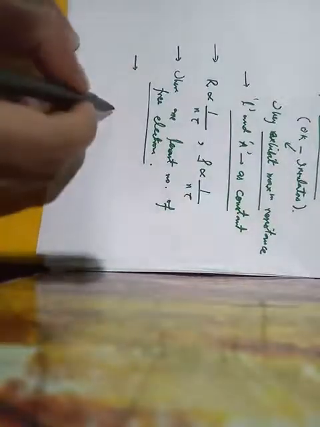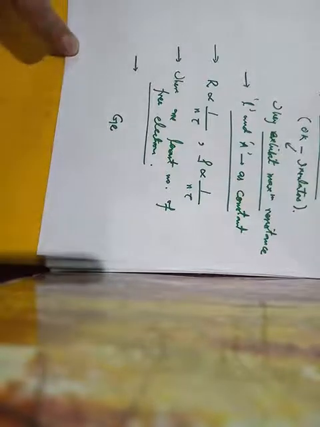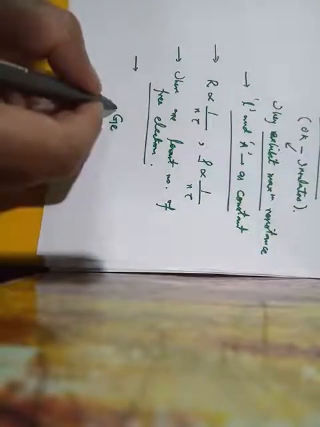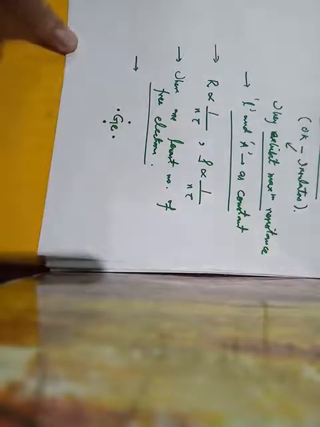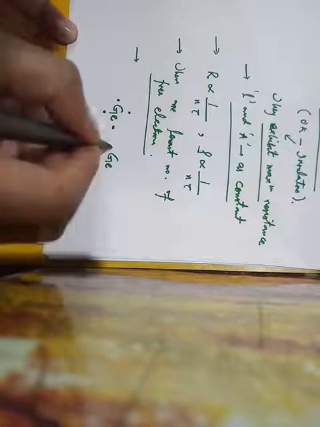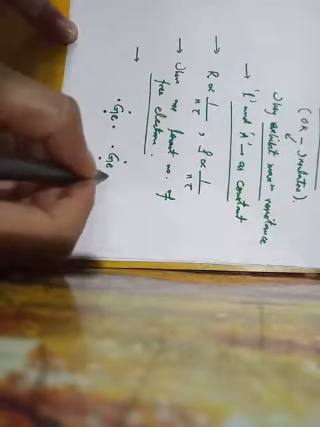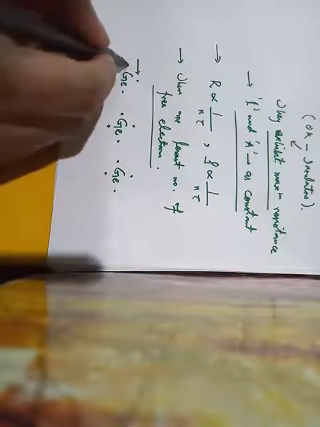Let's talk about germanium. Here, suppose we have germanium. I'm talking about the atomic structure of germanium. Germanium has 4 valency. Okay, it's bounded with another germanium atom, which also has 4 valency, because we have to complete its octet.